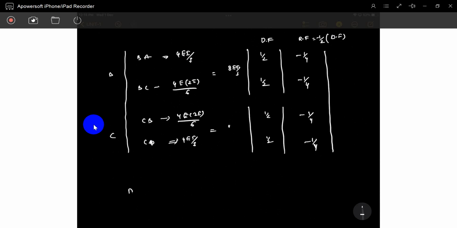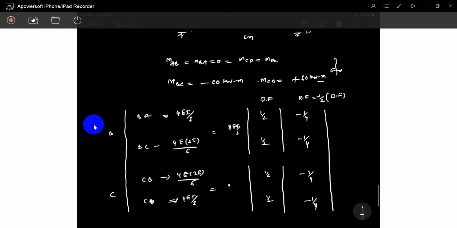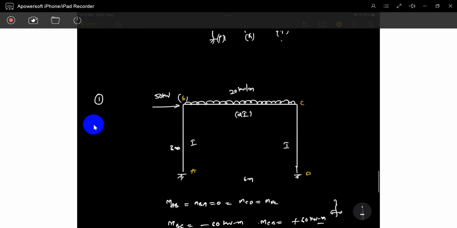You can find the displacement factors. Sir, what is the displacement factor? Displacement factor for BA, BC, CB, CD? No. For what? The displacement factor is for the columns: for BA and CD.